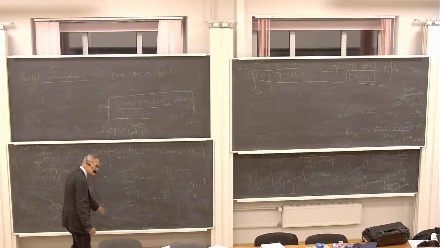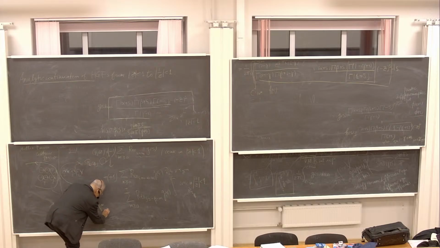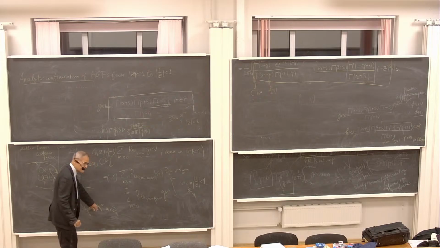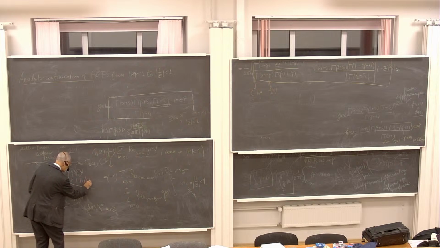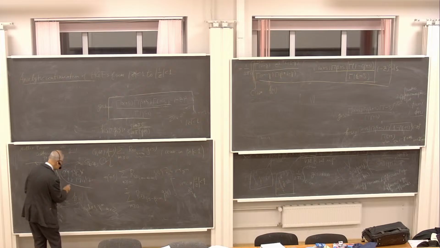So m runs from 0 to infinity. If you want, you can put some number, one half or 1/3, some number. The first one is 1 minus gamma, then 1 minus gamma plus 1, 1 minus gamma plus 2, and so on. Do I have other poles?